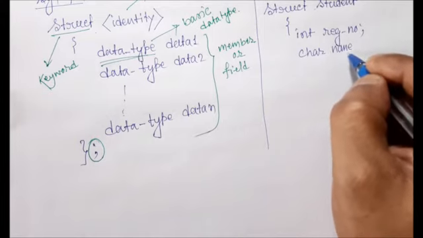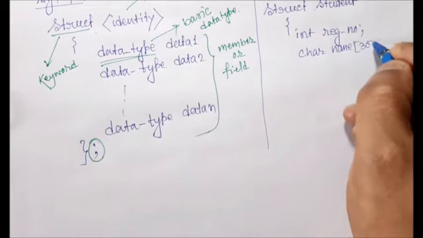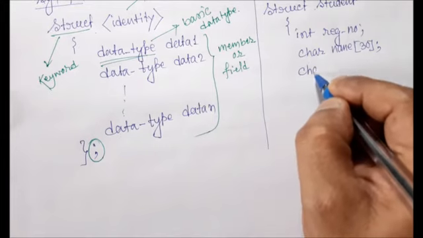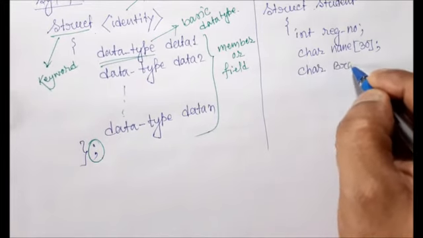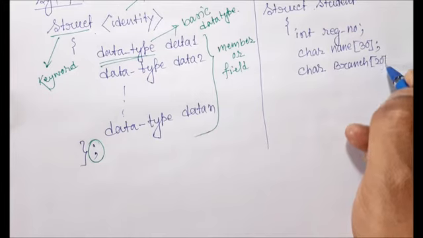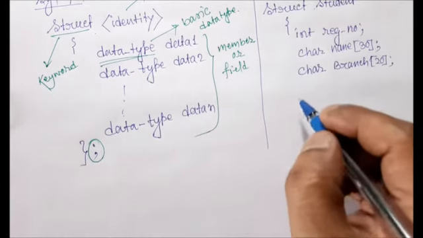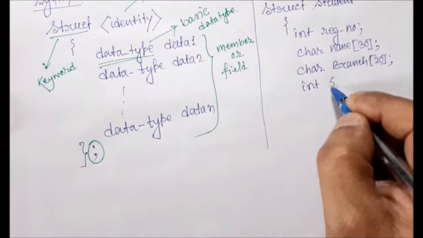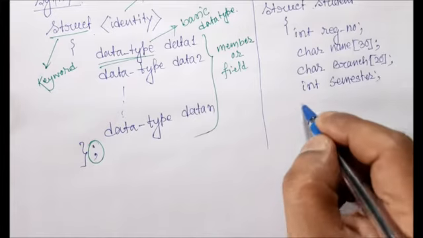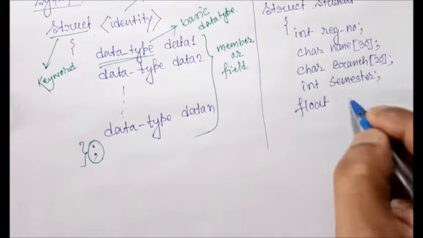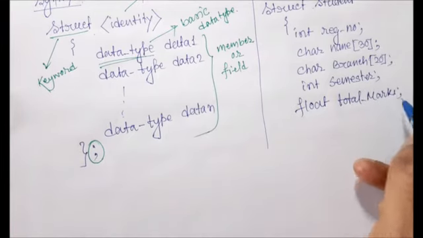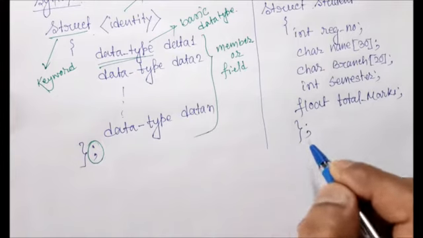The name of the array is name and its size is, for example, 30. Then branch, suppose size is 20. Integer semester, float total marks. At the end you have to give the semicolon.